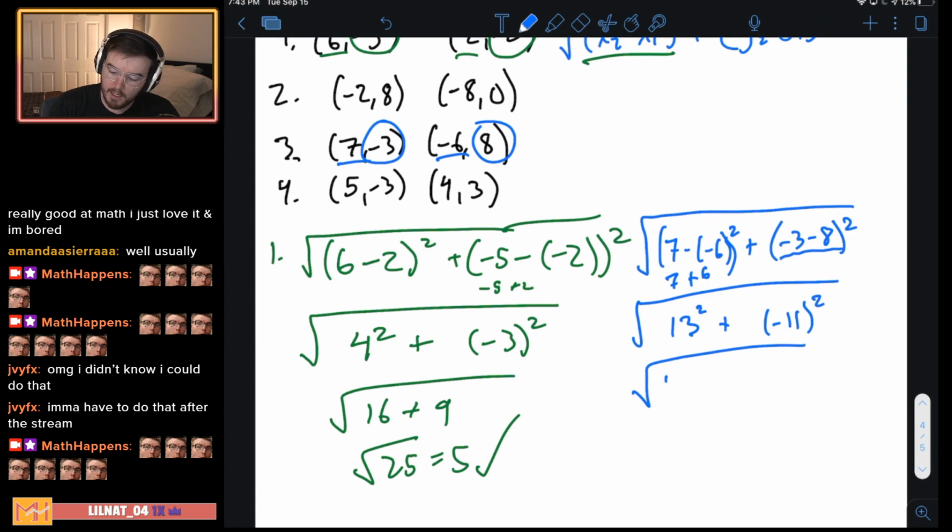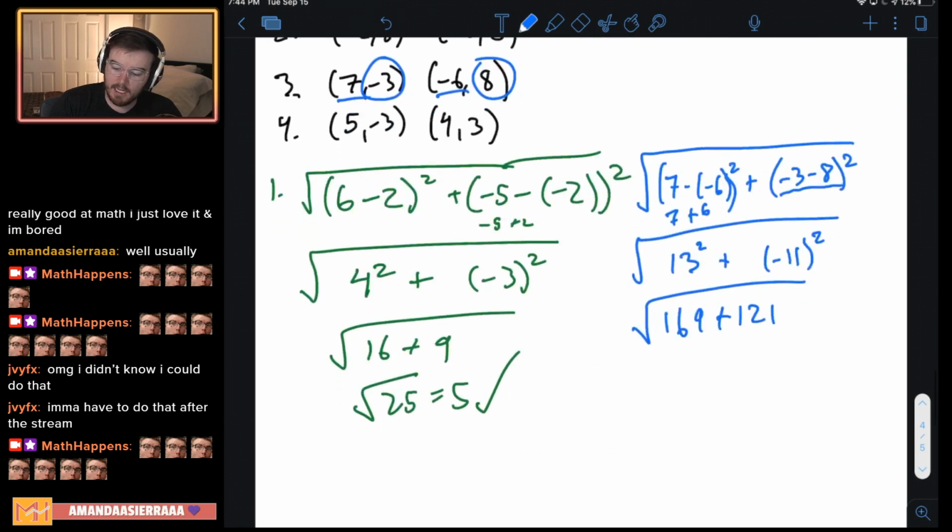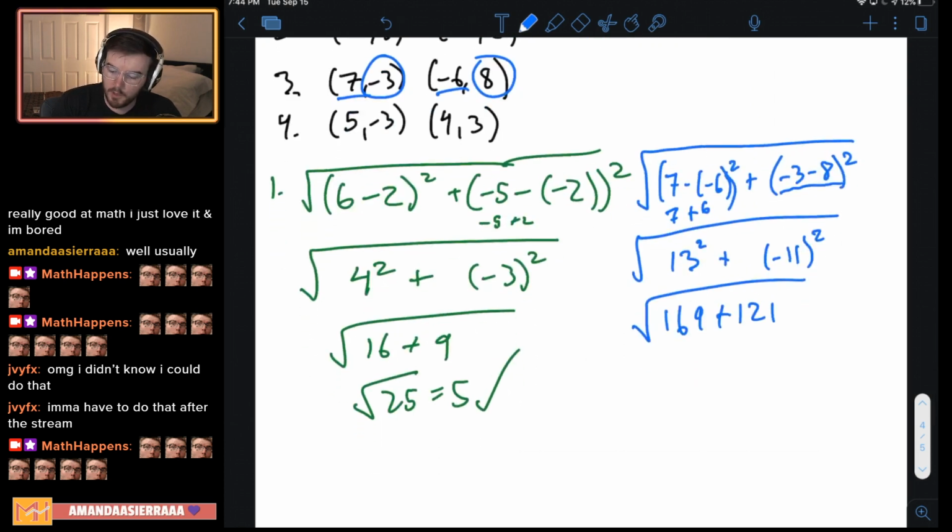So I end up with 169 plus 121. If you don't know that off the top of your head, then you'll have to plug that into a calculator. But 13 squared is 169, and -11 squared is 121. And notice it comes out to positive 121, right? Because the negative times a negative results in a positive. And then this is 290.